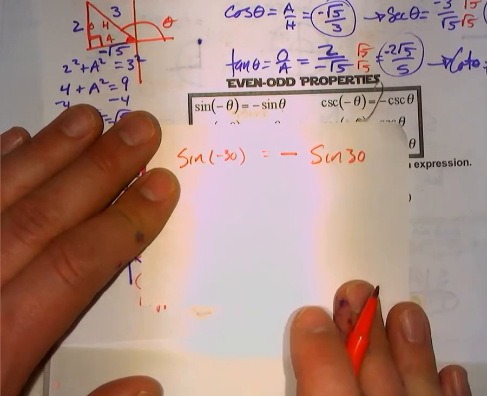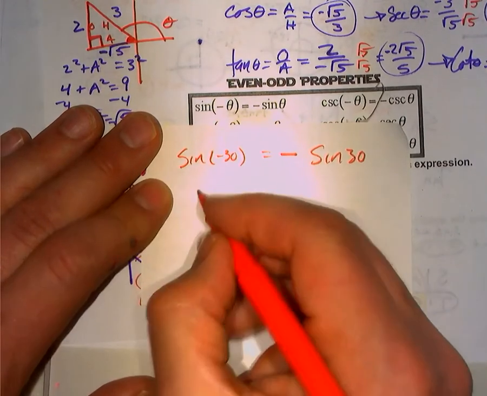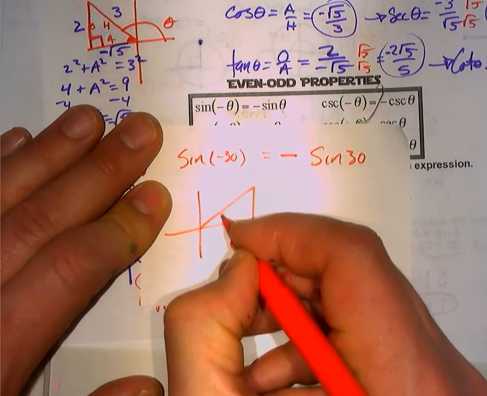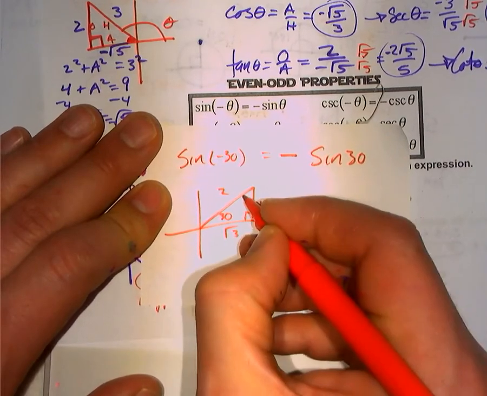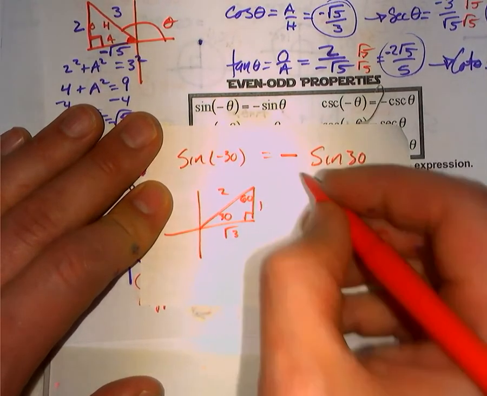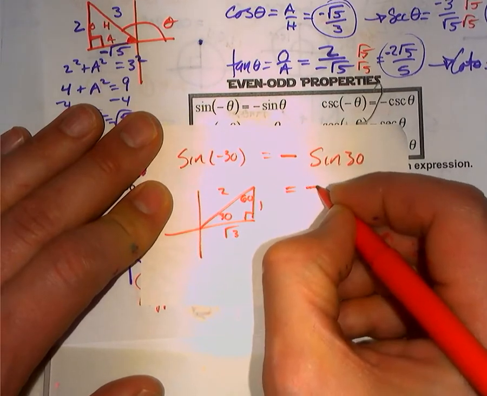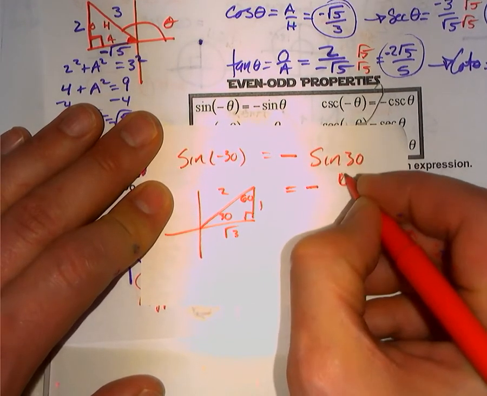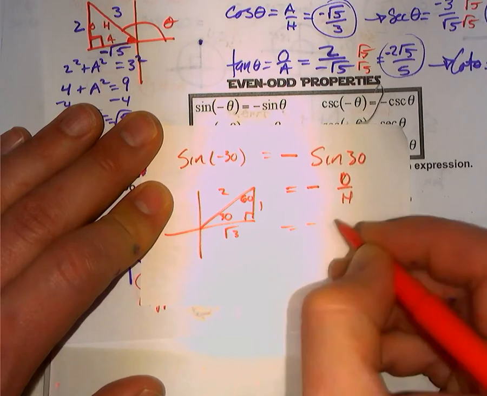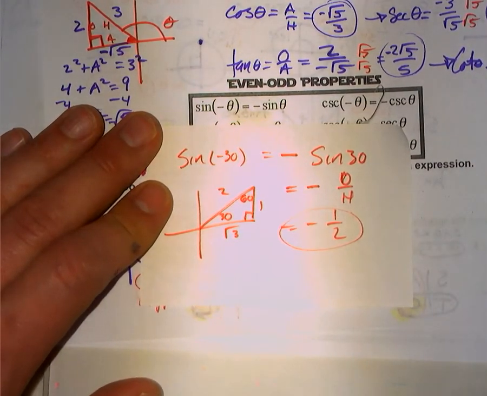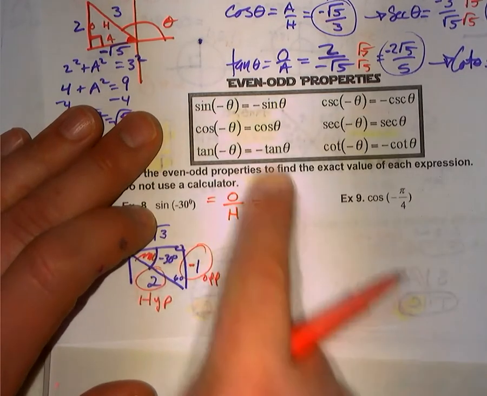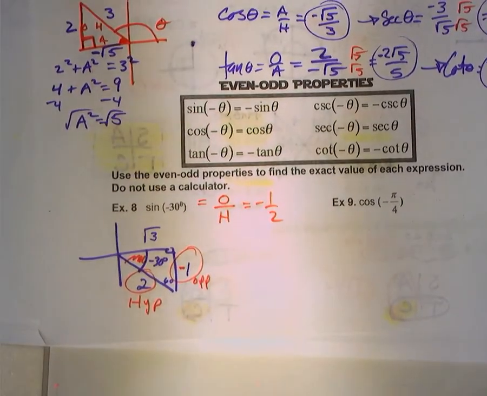So off to the side, you do the sine of 30. 30's here, that's 1, that's 2, that's root 3, across from the 90 and across from the 60. And I would do the opposite of O over H, which is negative 1 over 2. That's what that formula is basically saying.